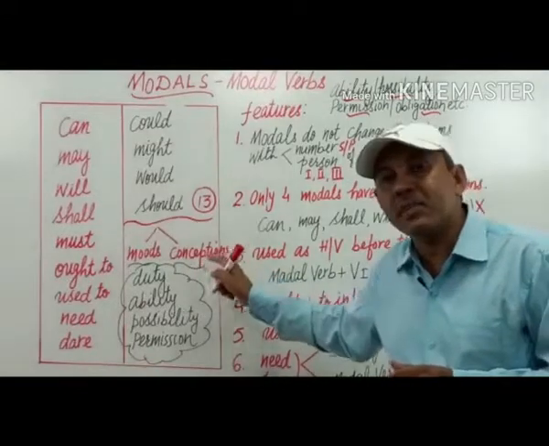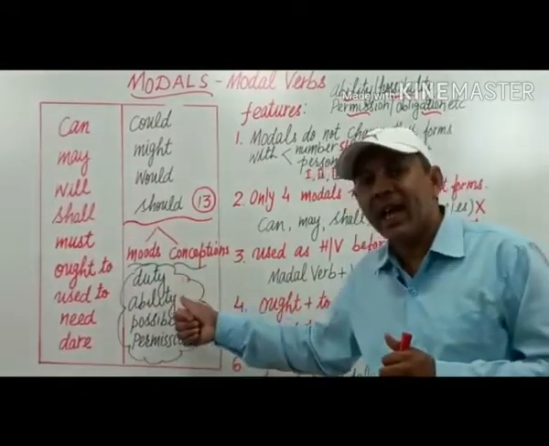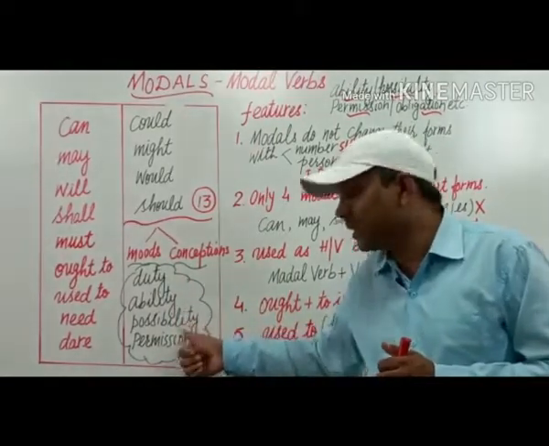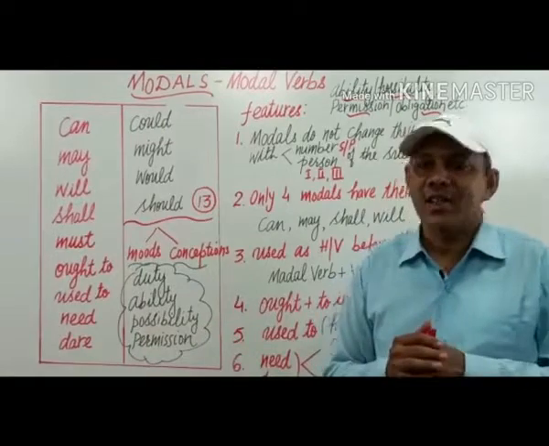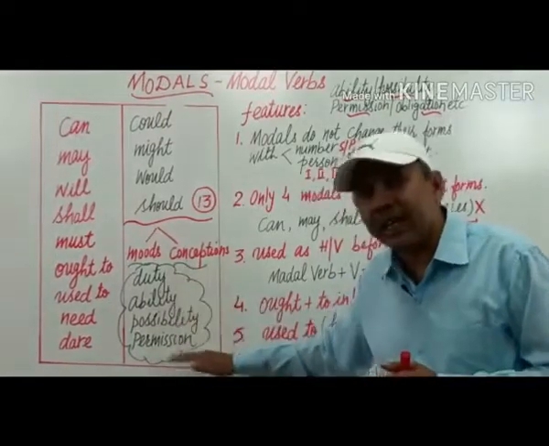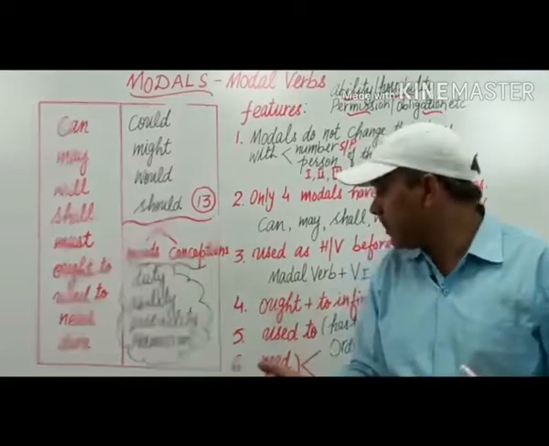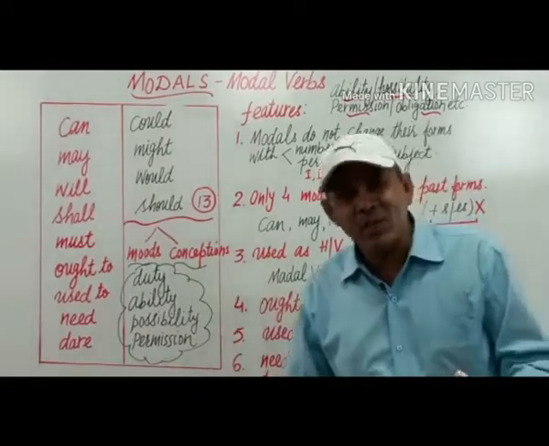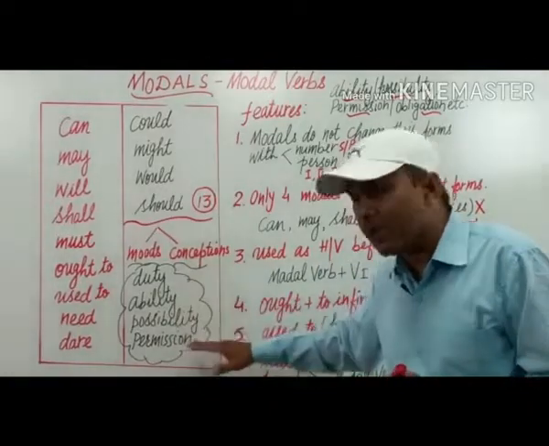They tell the conception of mind related with duty, ability, possibility, permission, obligation, etc. ये इन्हीं को प्रकट करते हैं. ड्यूटी, obligation, permission, possibility, ability of someone, इनको ये एक्सप्रेस करते हैं सेंटेंस में.